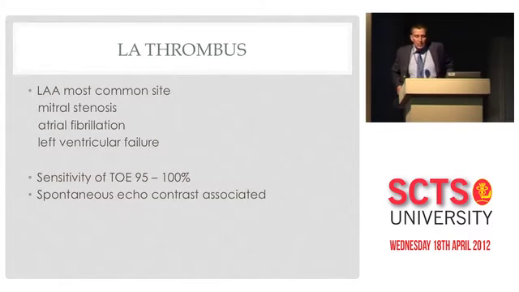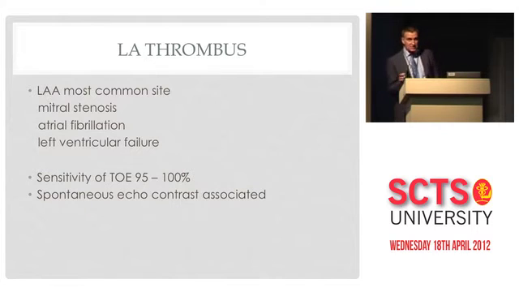I'm going to move on to talking about left atrial thrombus now. The left atrial appendage is the most common site for left atrial thrombus. We see quite a bit of these, and we have to think about them quite a lot, particularly in regard to atrial fibrillation, mitral stenosis, and left ventricular failure, all of which are conditions which predispose to left atrial thrombus formation.